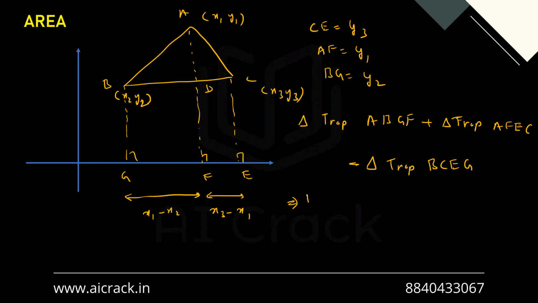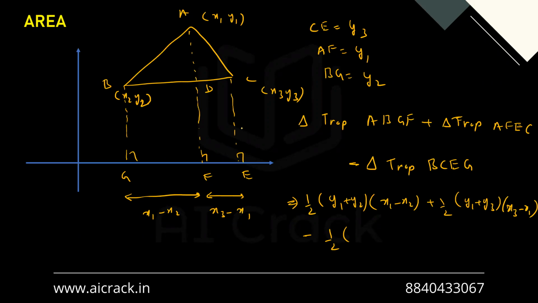Now, if I try to write it mathematically, then this area ABGF would be half times the sum of parallel sides, that would be BG plus AF, which is y1 plus y2, multiplied by the distance between them, that is x1 minus x2, plus half times trapezium AFEC. The sum of parallel sides would be AF plus CE, which is y1 plus y3, multiplied by the distance between them, that is x3 minus x1, minus half times the area of trapezium BCEG.